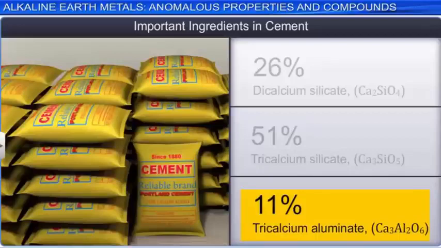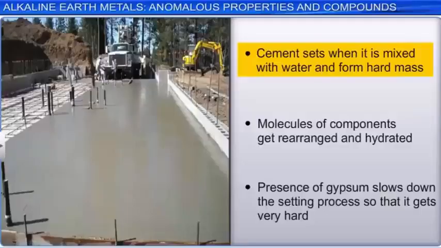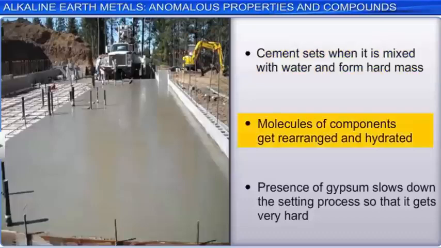Cement sets when it is mixed with water to form a hard mass. The molecules of the components get rearranged and hydrated. The presence of gypsum slows down the setting process so that it gets very hard.